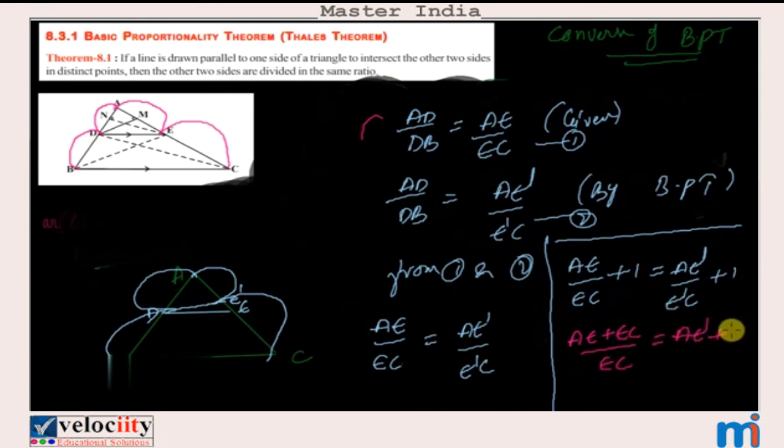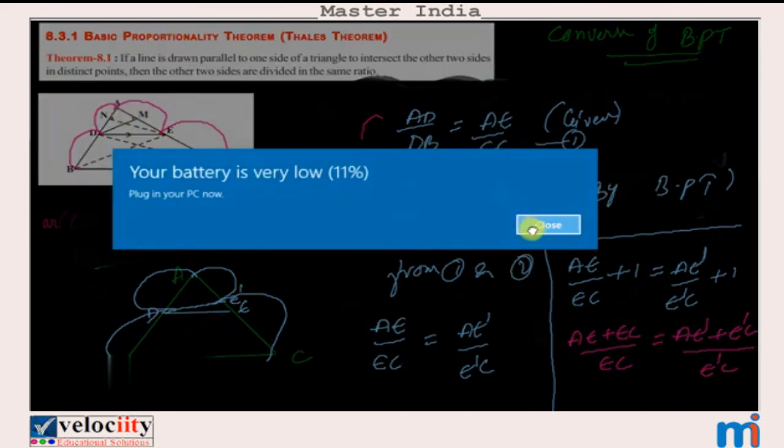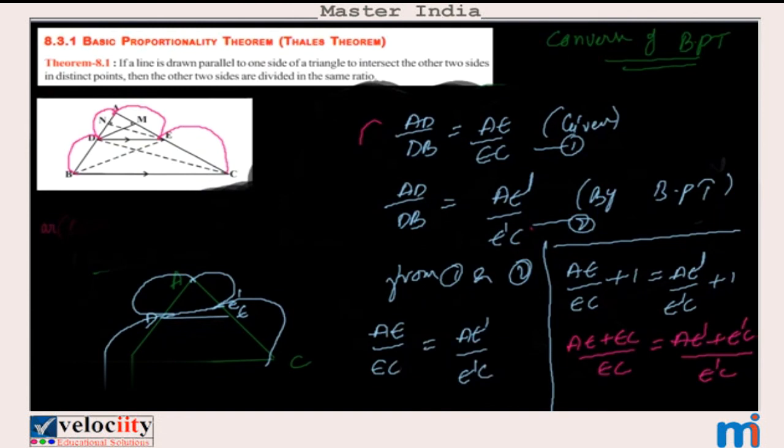On the right, E dash C into 1 is E dash C. What does this become? So what is AE plus EC? AE plus EC is nothing but AC.